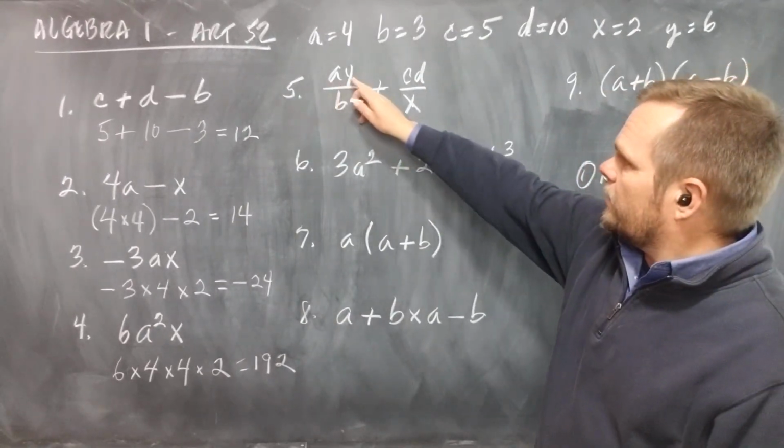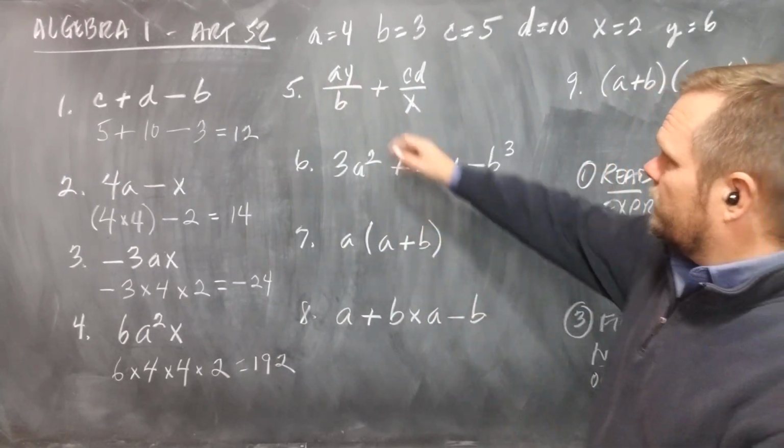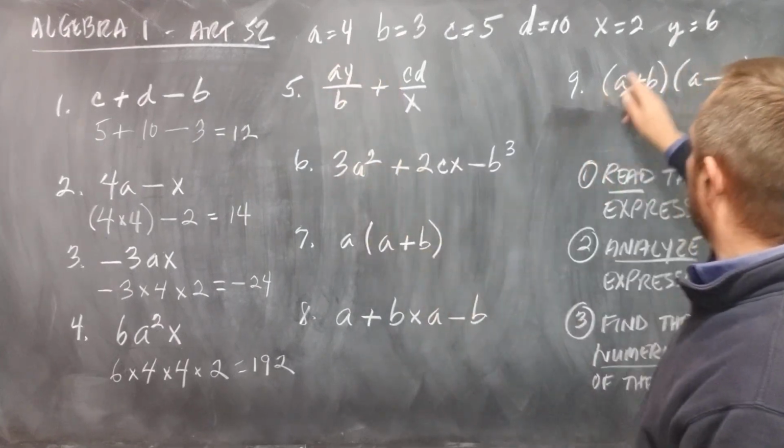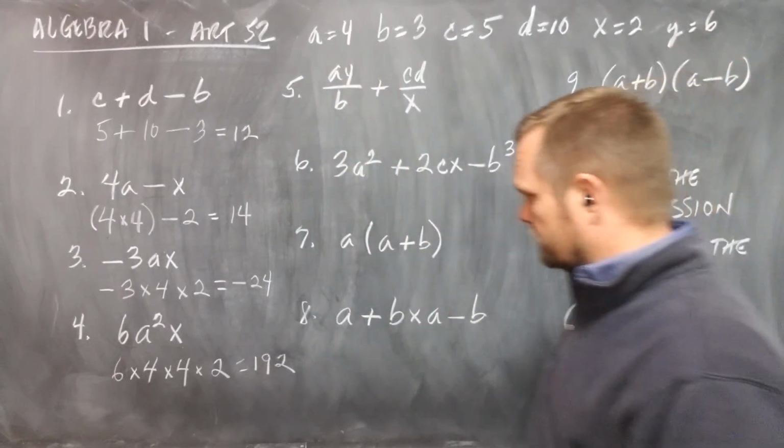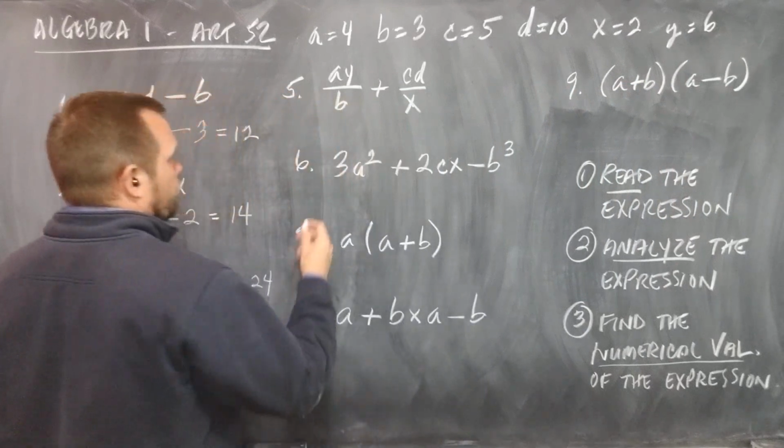So now let's go ahead and find the numerical value of this expression. We have a times y. So that would be 4 times 6. 4 times 6 makes 24.